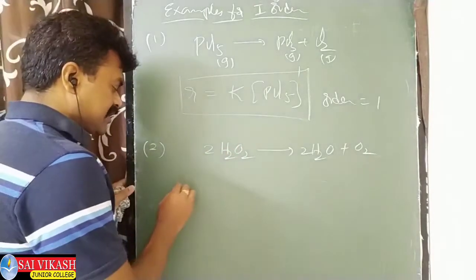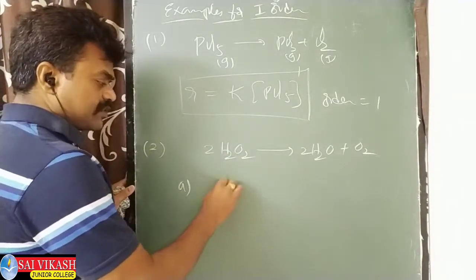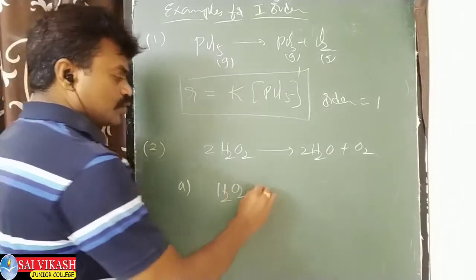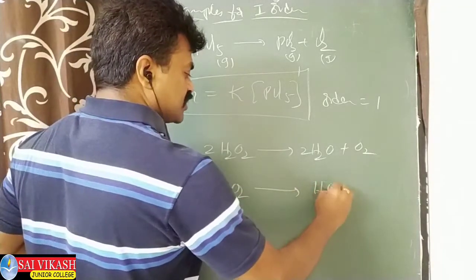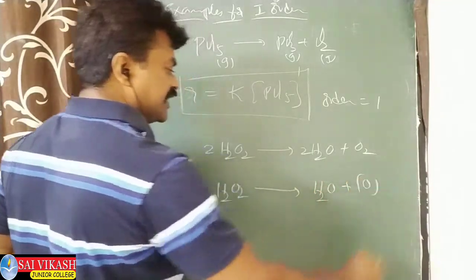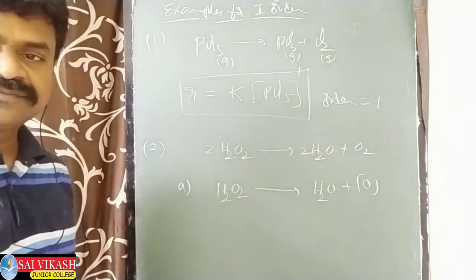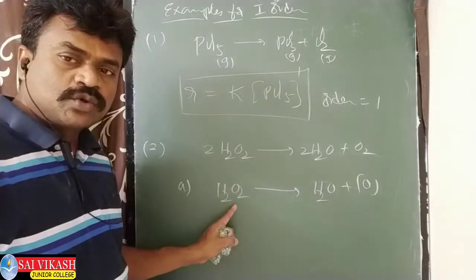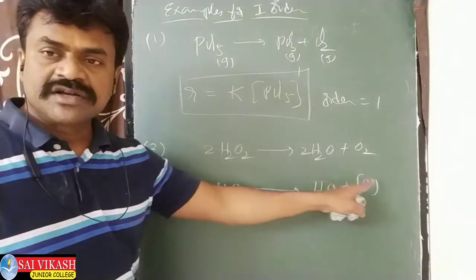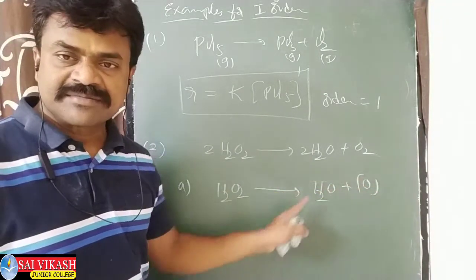In the mechanism, step number 1: out of the 2 moles of H2O2, 1 mole dissociates to form H2O, and nascent oxygen is formed.